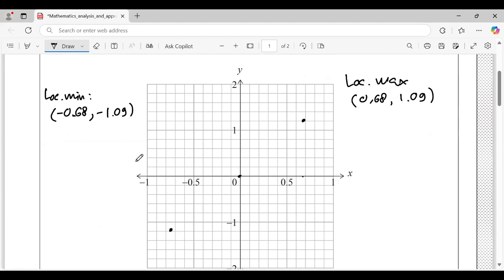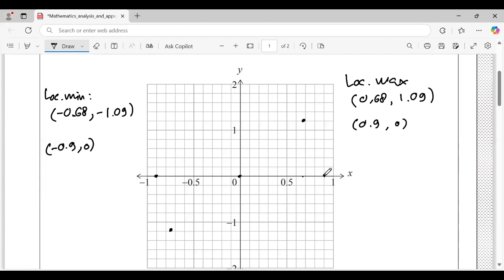The intersection on the y-axis is the origin. The intersections on the x-axis are 0.9, 0 and minus 0.9, 0.